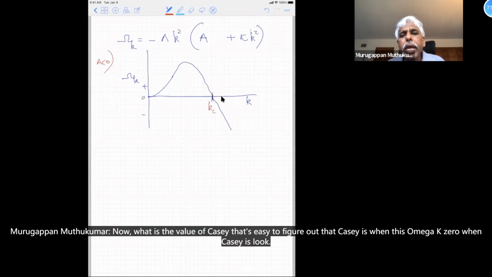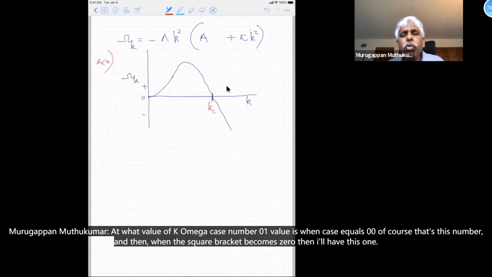Now, what is the value of kc? That's easy to figure out. kc is where omega k is 0. At what value of k is omega k going to be 0? One value is k equal to 0, of course.